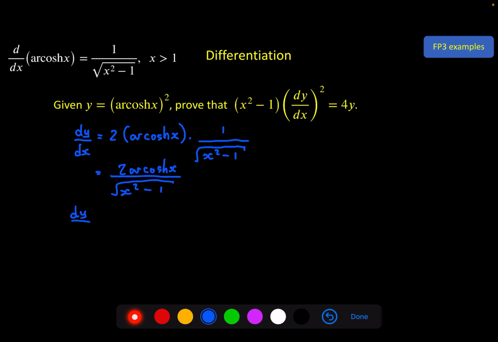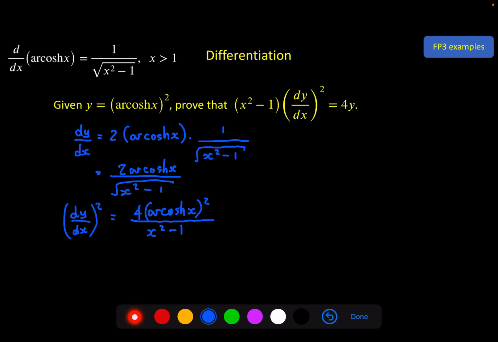So the derivative squared is 4 r cosh x squared divided by the square root. Squared just gives me this thing inside the square root, and I'm almost there. I want the x squared minus 1 on the other side multiplied by the derivative squared, and I can see r cosh x squared is the definition of y.